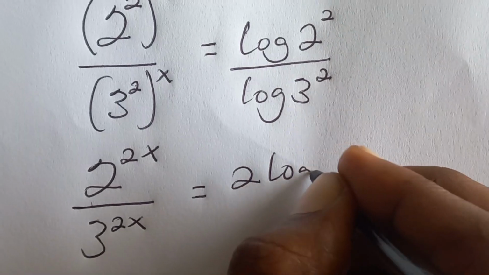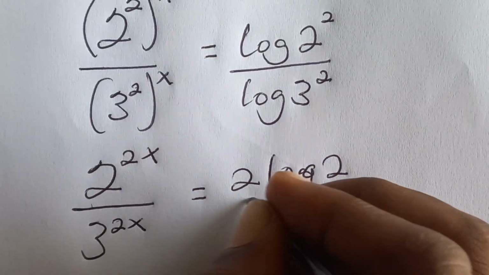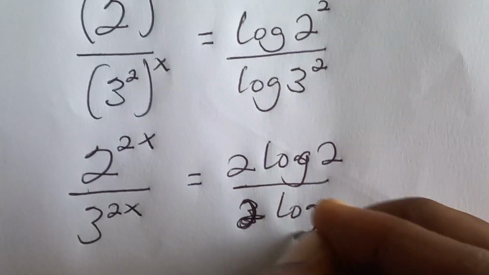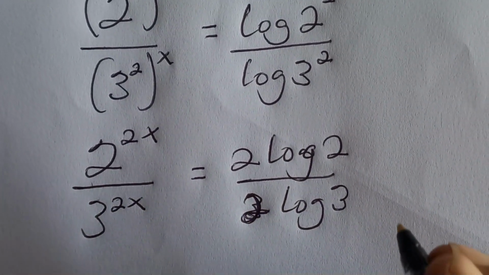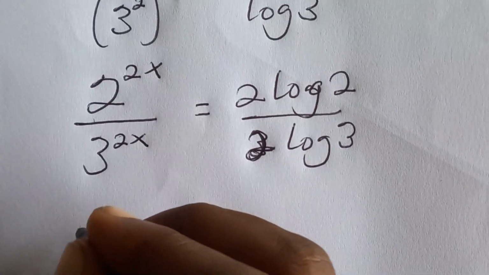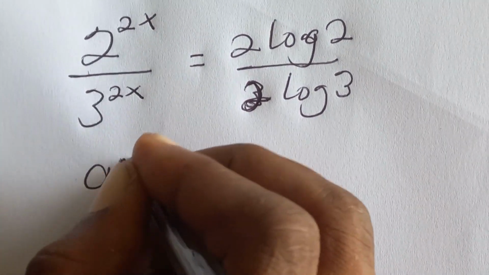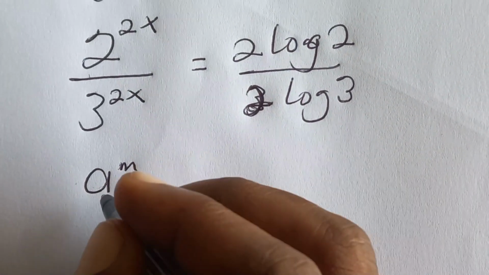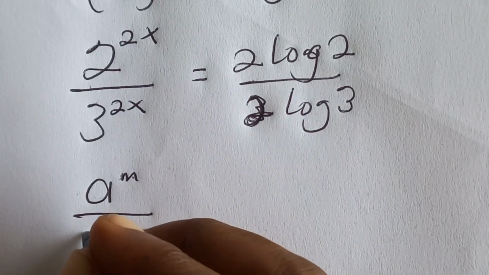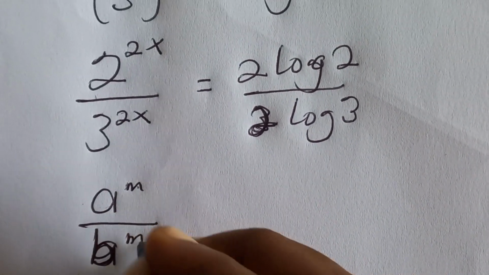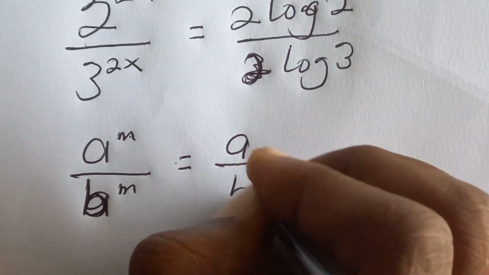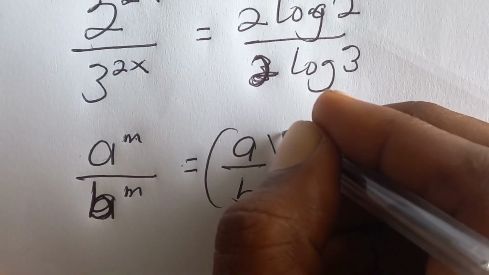2 log 2 on 2 log 3. Okay, so in indices we have something like, if we have a^m on b^m, it is equal to (a/b) all exponent m.